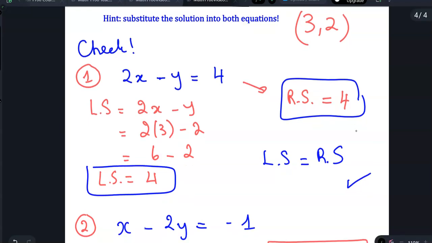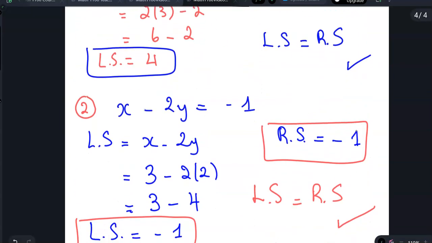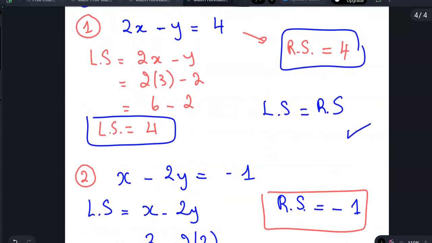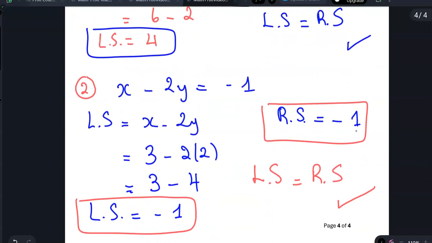You don't just put into one and then conclude. You need to check with both to see if left hand side equals right hand side in each, then you can conclude it is the solution for this system of two equations, two unknowns.